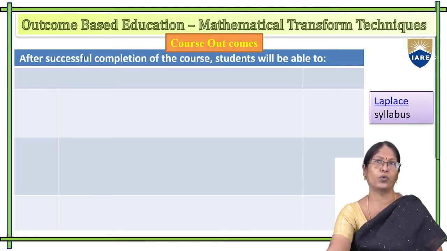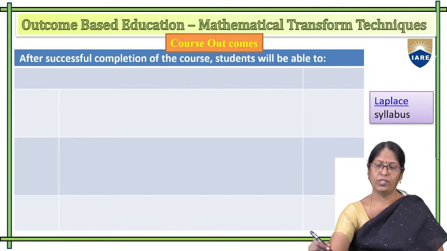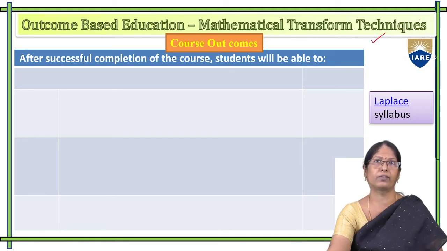This mathematical transform techniques course is for the first year BTech second semester. So at the end of the semester, the student should be evaluated on what knowledge he gained upon completion of this course. For that, the course outcomes, the course parameters, are designed.